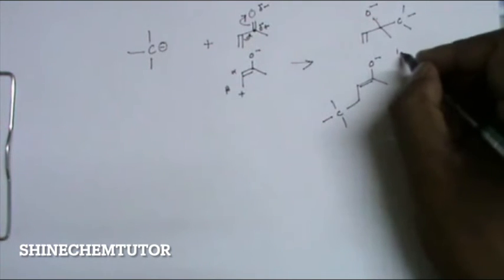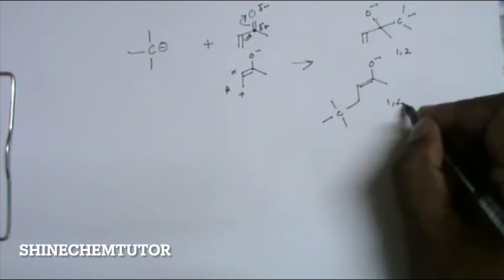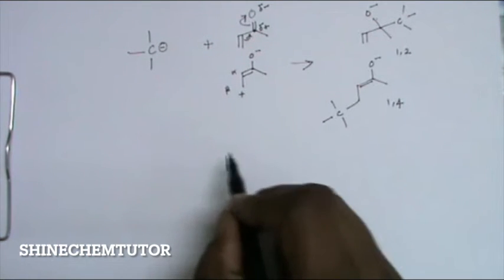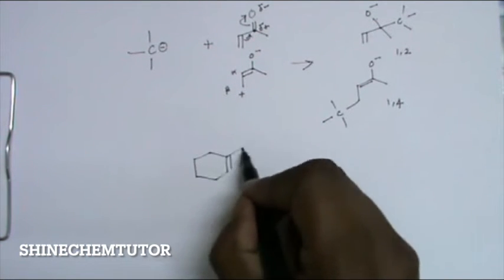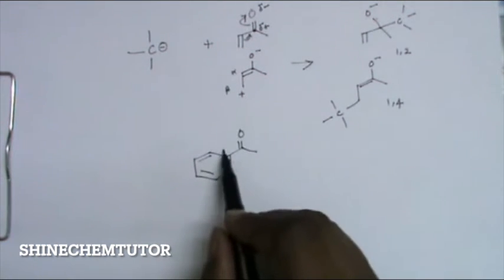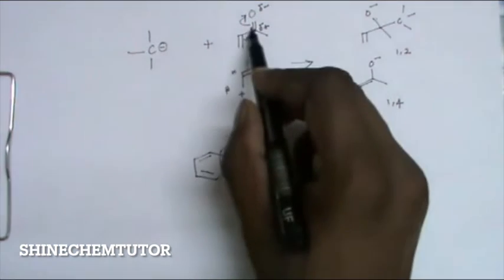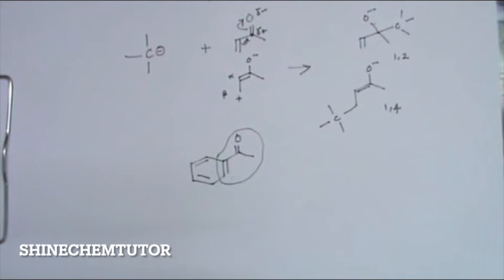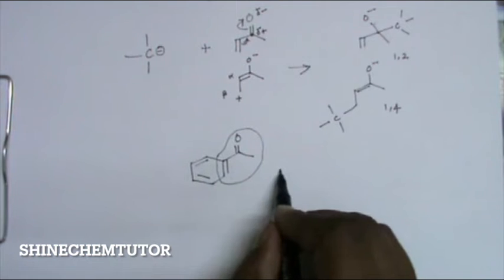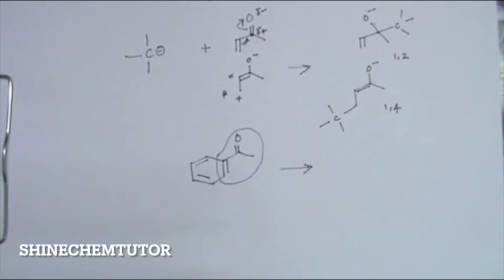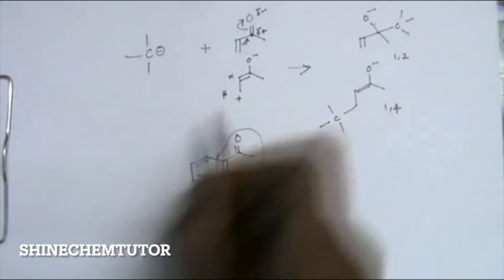This is referred to as 1,2 addition. This is 1,4 addition. I go for the aromatic analog of the alpha beta unsaturated system. You can compare this part with this one. I have made a ring and gone for an aromatic compound. Because of resonance, I will get a plus charge on this carbon, similar to the previous one.